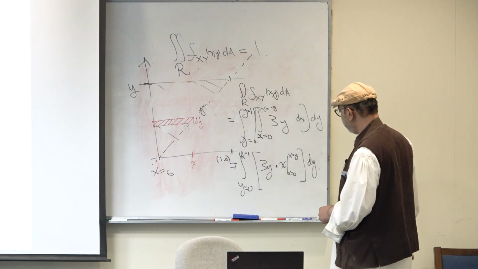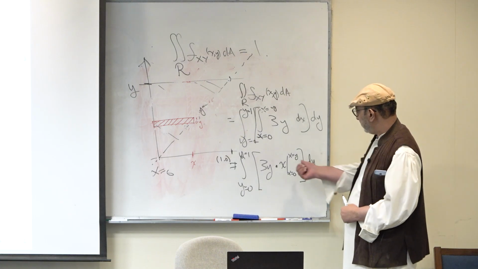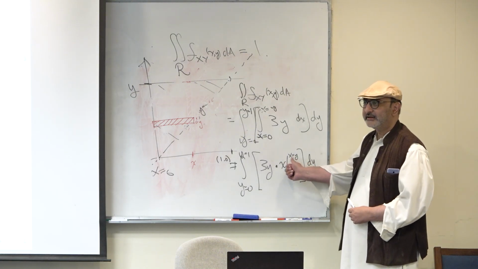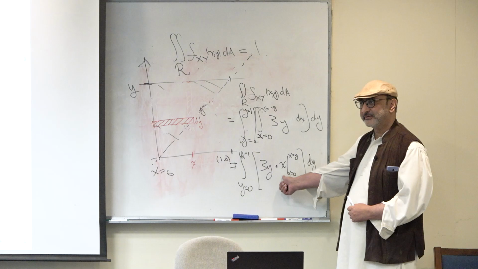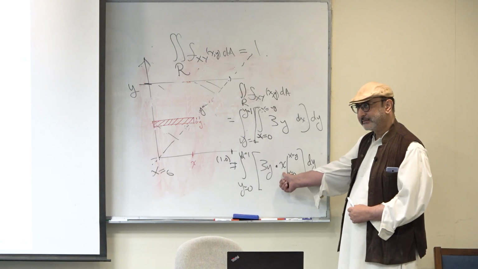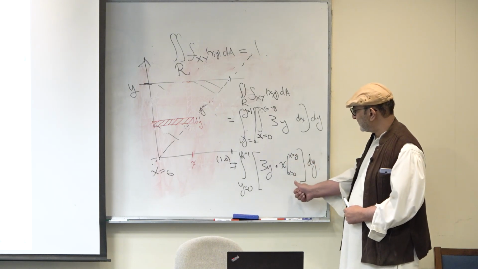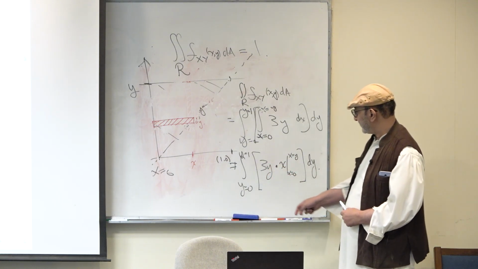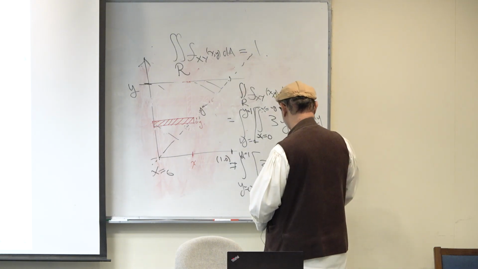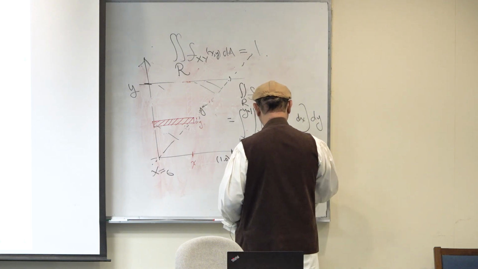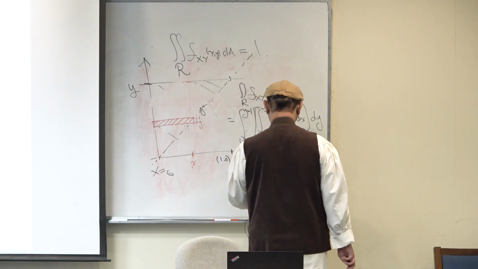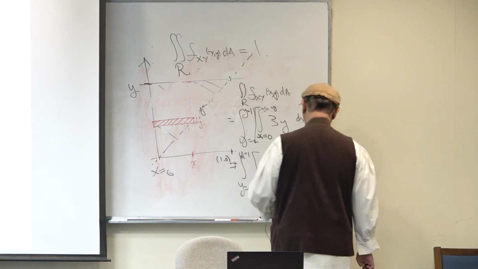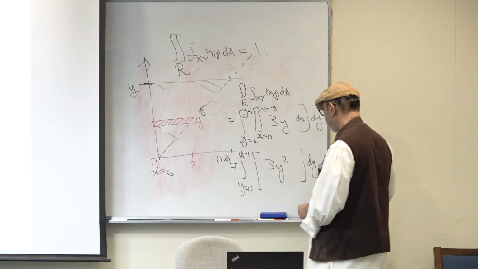Okay. So when I take x is equal to y, 3yx becomes 3y squared. When I take x is equal to 0, this becomes 0. So this result is 3y squared.